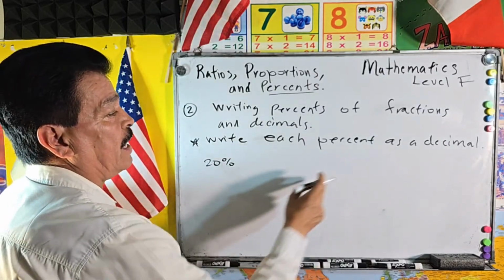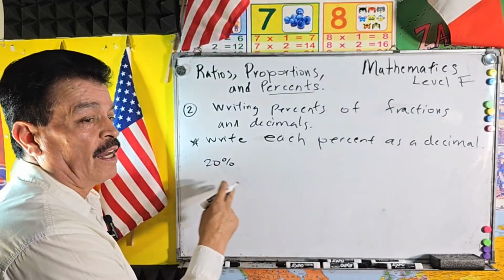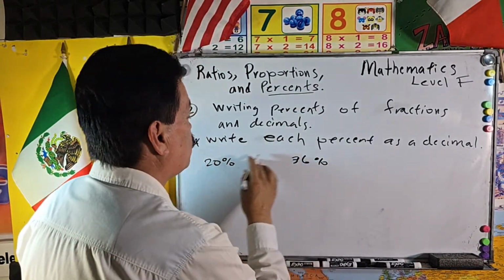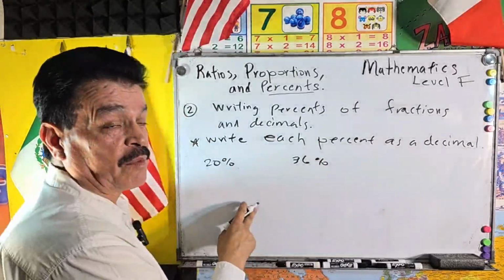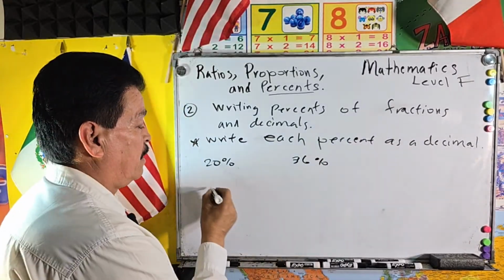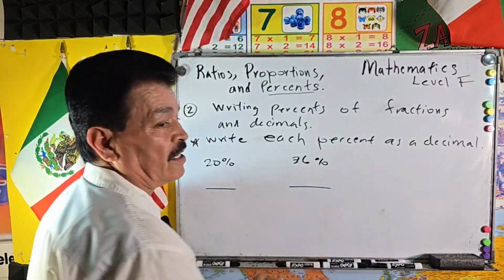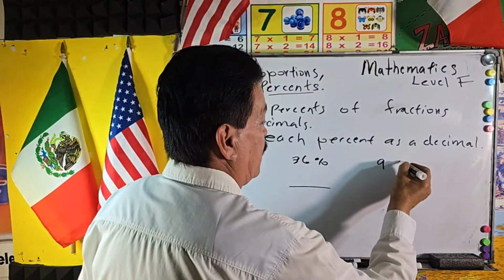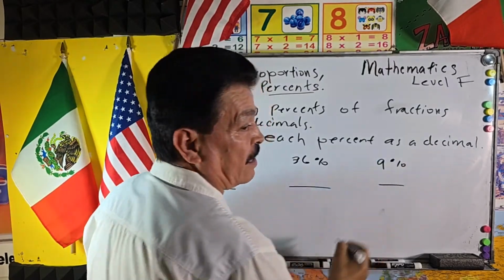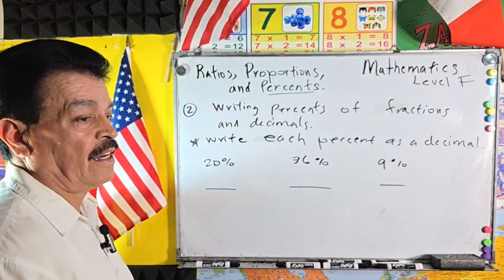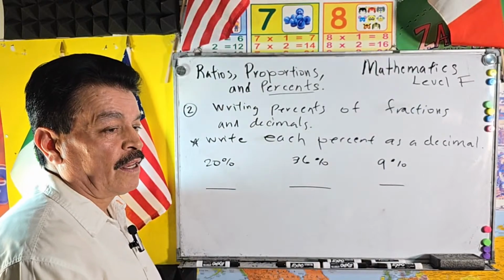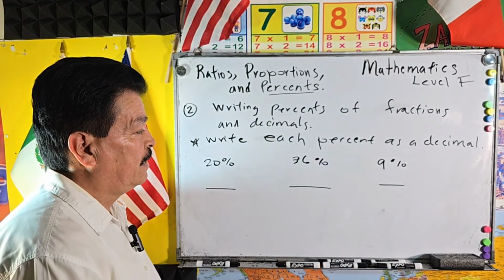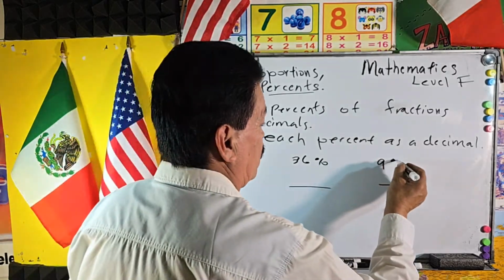Write each percent as a decimal. 20%, and then 36%, and then 90%. I think three questions. Okay.